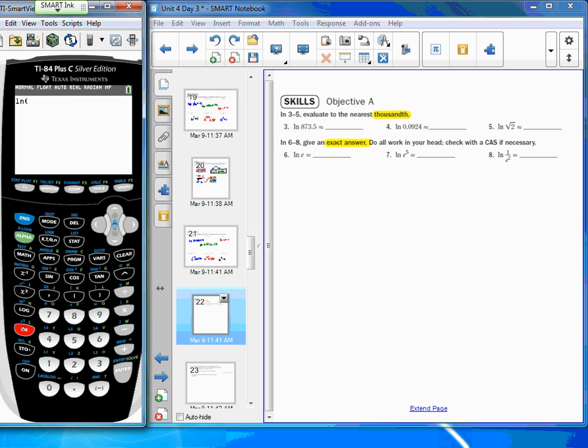That's a calculator question. The natural log of 0.0924. That's a calculator question. The natural log of root 2, we can get that.